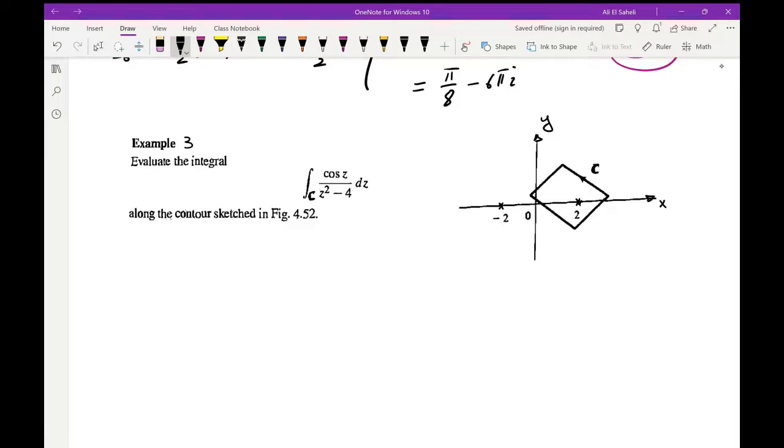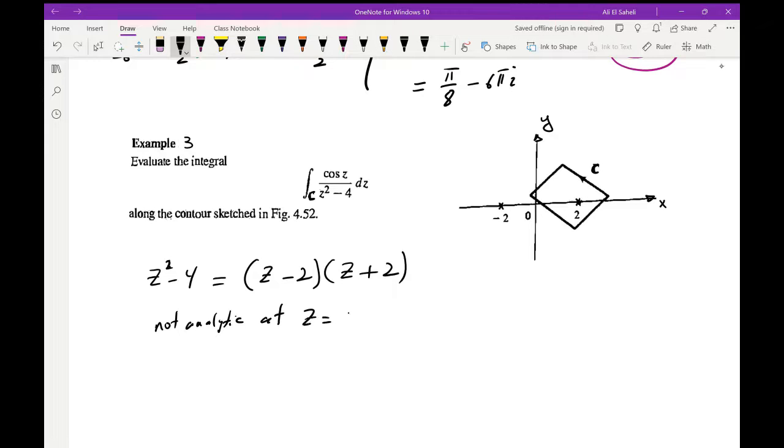This is important. Why? Because z squared minus 4 equals z minus 2 and z plus 2. So the function is not analytic at z equal 2 and z equal minus 2.